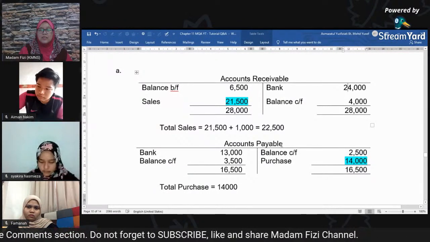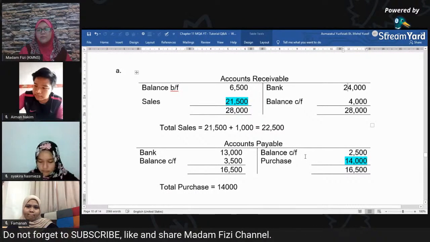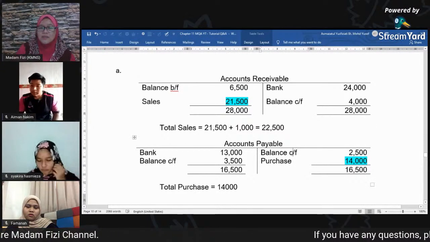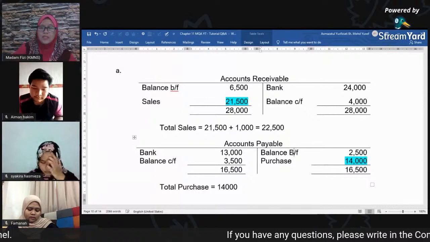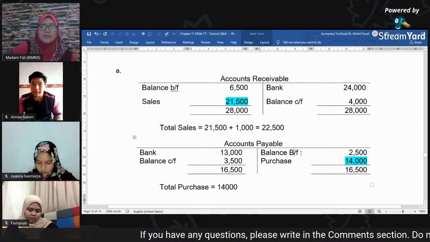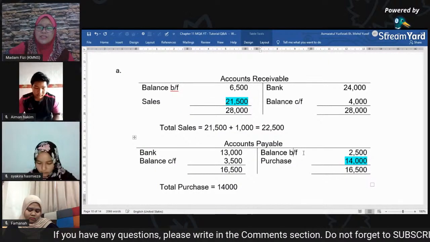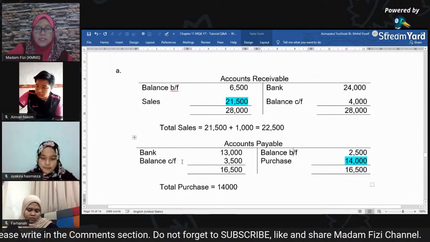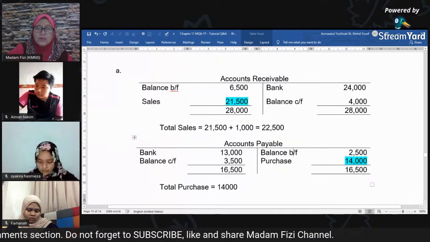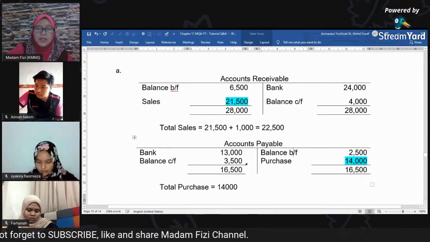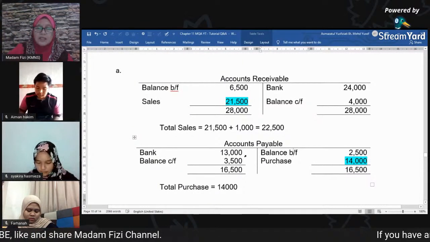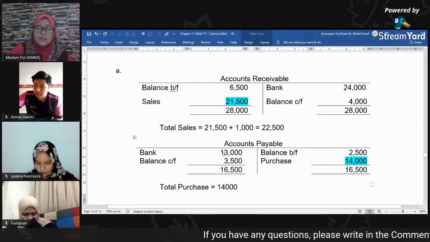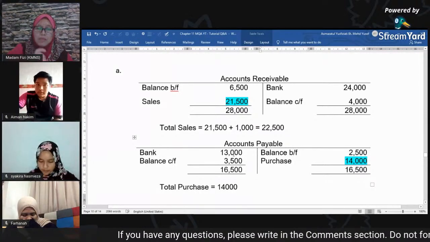And then to calculate the credit purchase, open accounts payable T account. Because this is the liability, the balance carry forward is at the credit side, 2,500, and the balance carry forward is at the debit side, 3,500. And at the cash book, you can see that we pay 13,000 at the bank column.